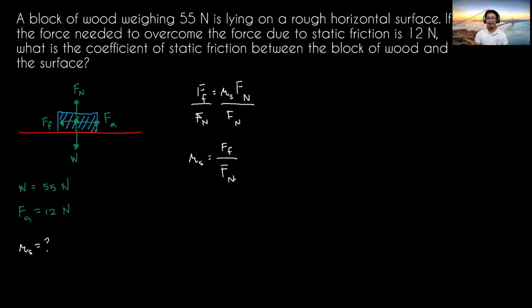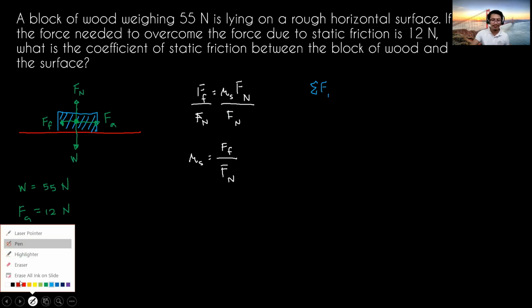We have no frictional force and no normal force in the given. But we already know that the normal force is just equal to the weight, because our surface is horizontal.